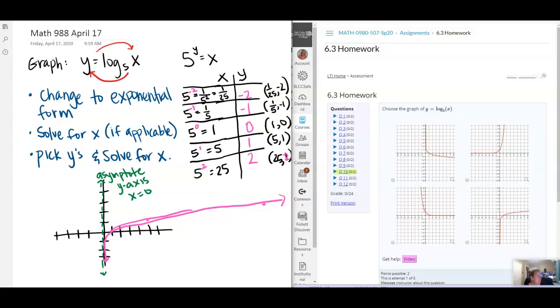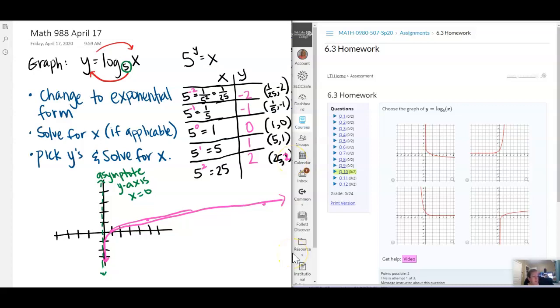Okay, so then if we were to look over here, in the homework question, you were just having to pick which one it follows. These are all going different directions. And what I'm hoping that you see is that if the base of your log is a number that's bigger than 1, then it's always going to have this same kind of shape.